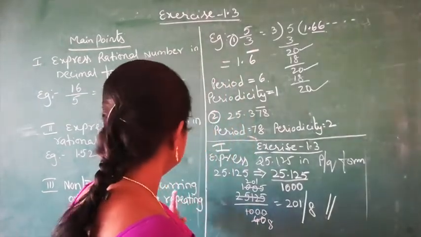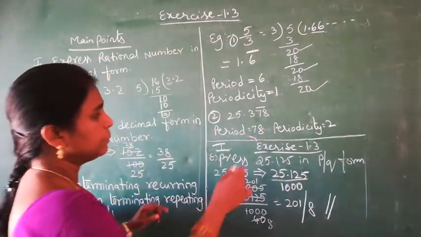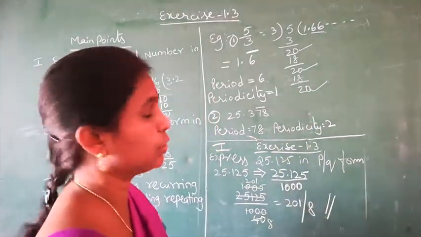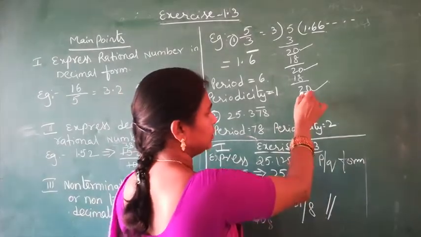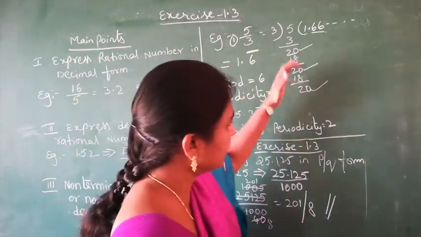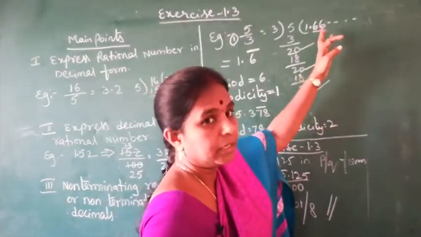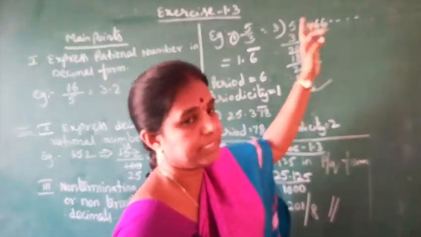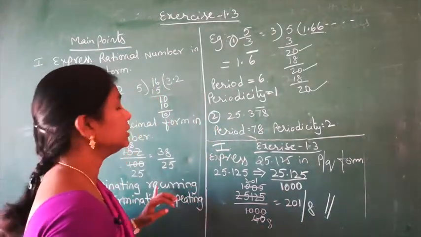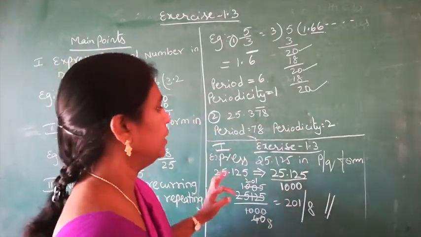That is called repeating. Non-terminating means something is left in the remainder; you won't get 0 in the remainder. Here the remainder is always 20. That is non-terminating. And a repeated remainder and repeated digit in the decimal form is called non-terminating recurring decimal.